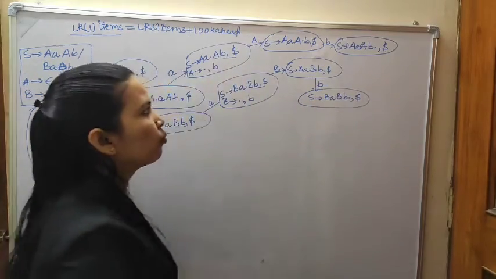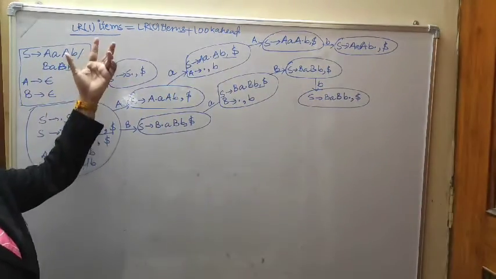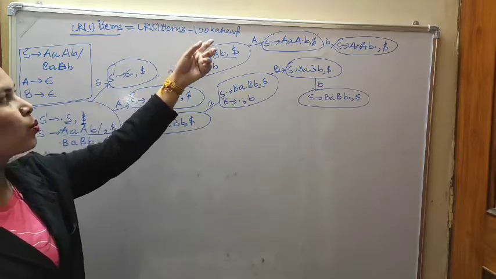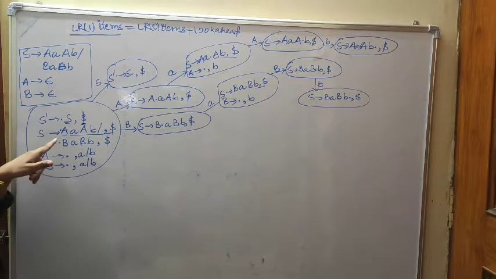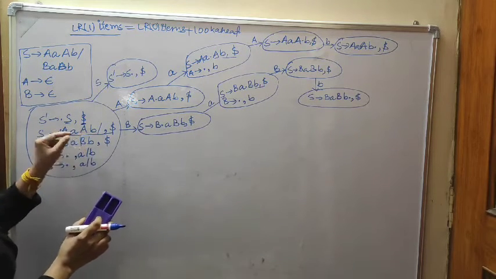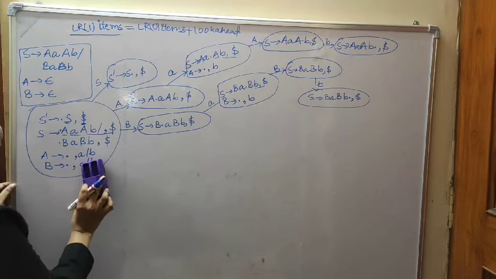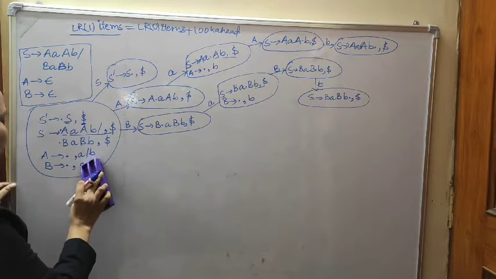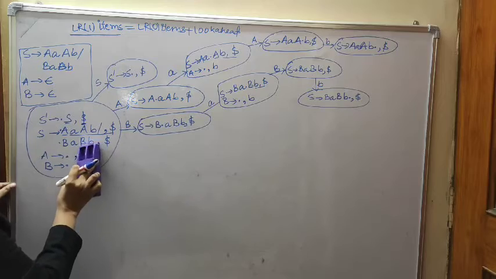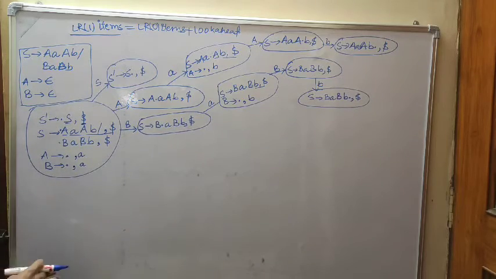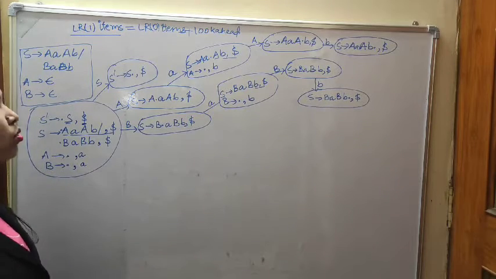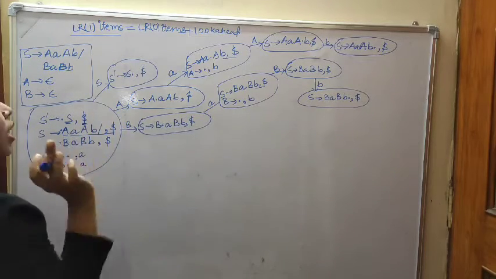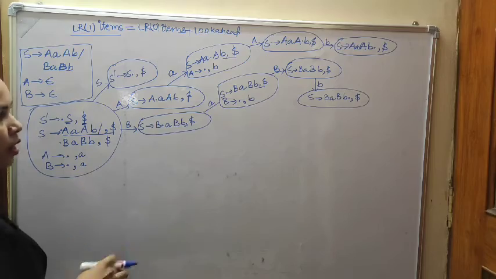These are the LR1 items: LR0 items plus the look ahead pointer. So here also the look ahead is first of A, A will come, not A after, because this A we are not looking at. Okay, so this is wrong. Only A will come in both the places. So this is the canonical collection of LR1 items.